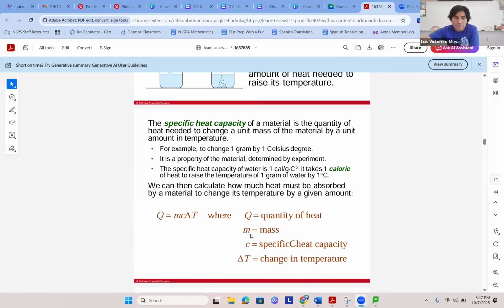Here's the equation for heat: Q equals m c delta T, where m is the mass, little c is the specific heat capacity, and delta T is the change in temperature.